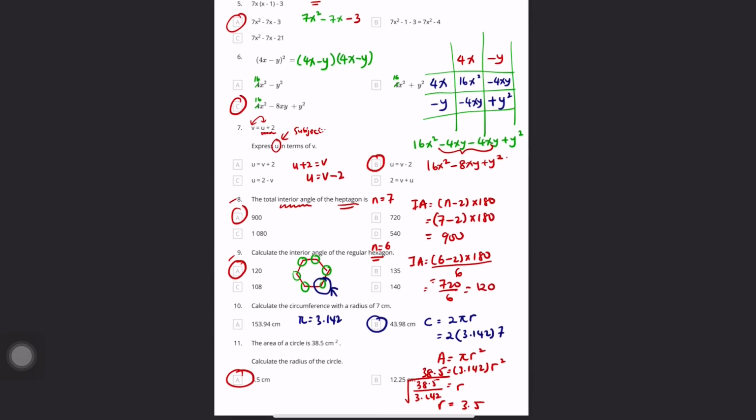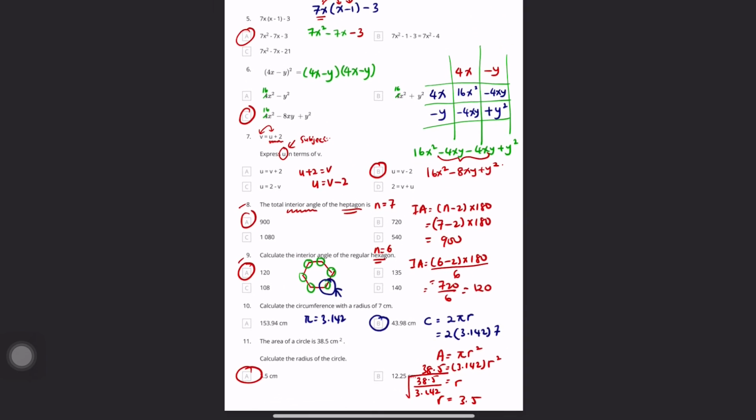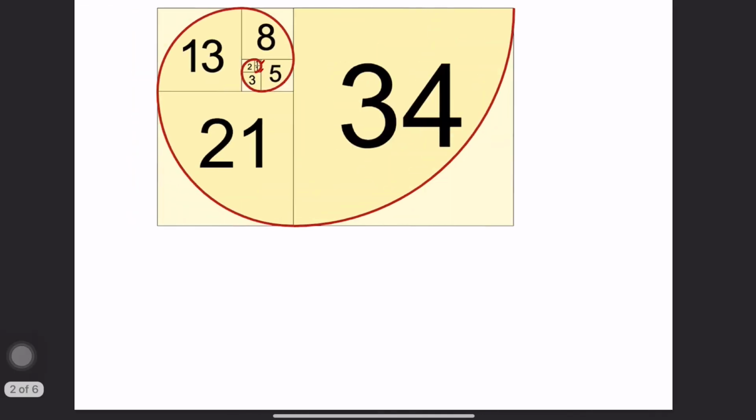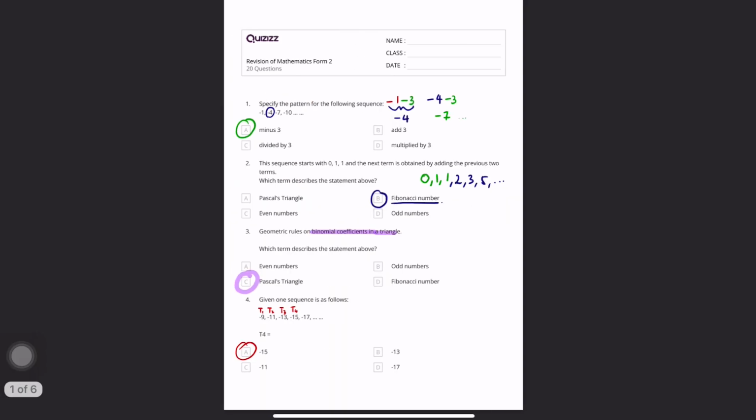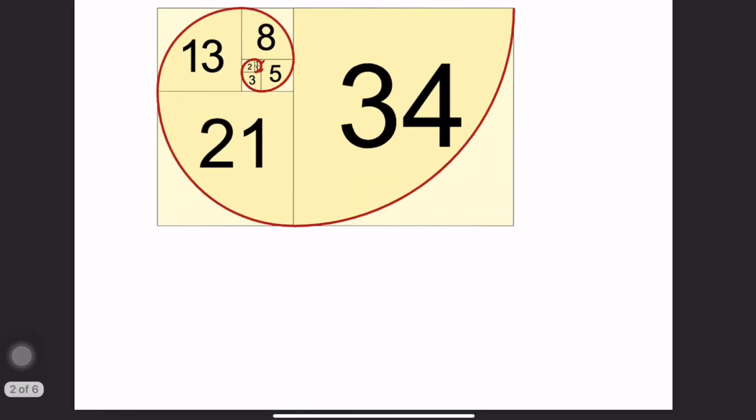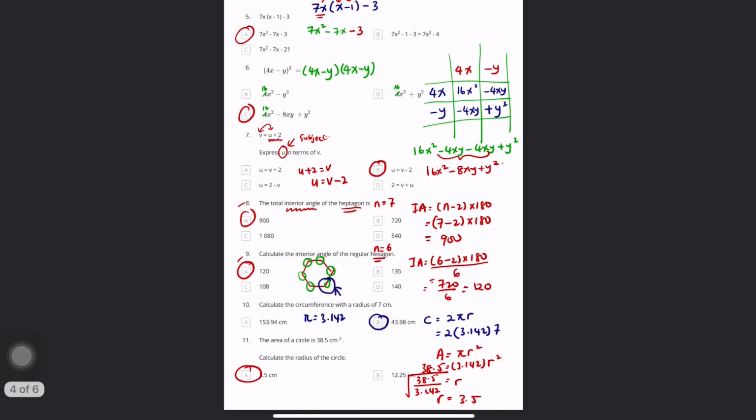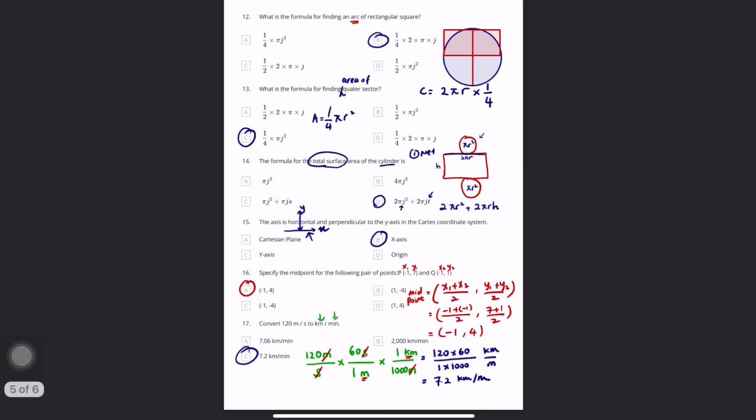So that's it for this session. 20 questions. I hope you score 100%, because I think these questions are quite easy, regardless of some typos in the questions. So how many typos are there? 1 and 2.